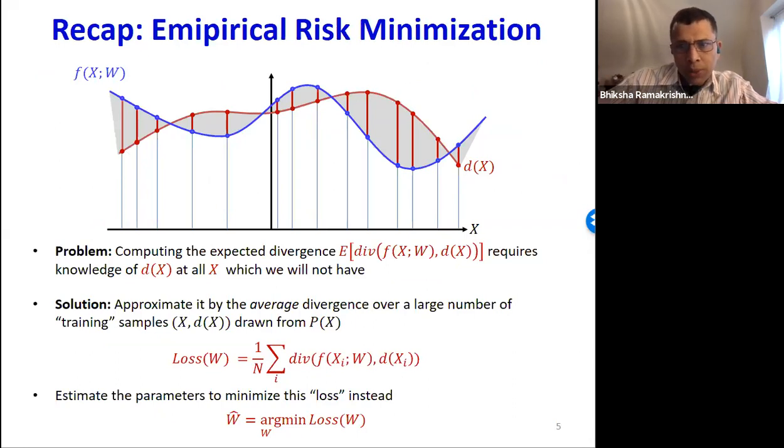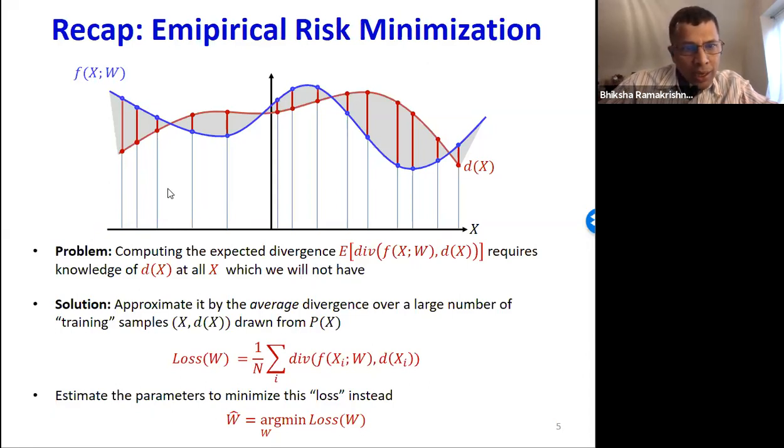So what we do is to draw a bunch of training samples, where each training sample consists of an x value and the corresponding target value, the value of the function that we are trying to model. And so these x, d pairs form our training instances.